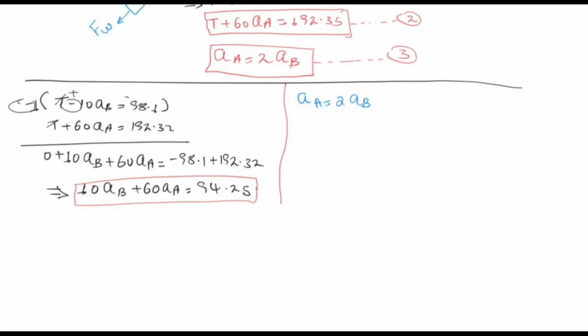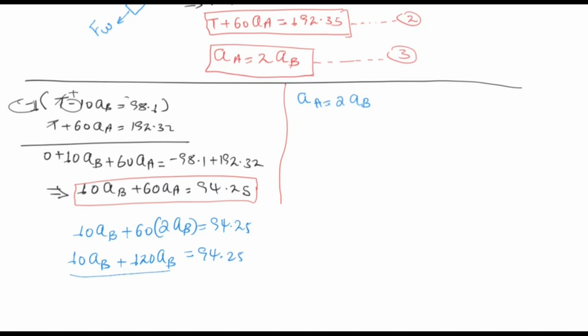This implies that 10 times acceleration of B plus 60 times 2 times acceleration of B is equal to 94.25. This means 10 acceleration of B plus 120 acceleration of B is equal to 94.25. Then if you sum these two parts, it becomes 130 acceleration of B is equal to 94.25.